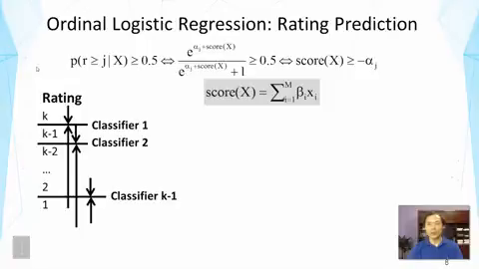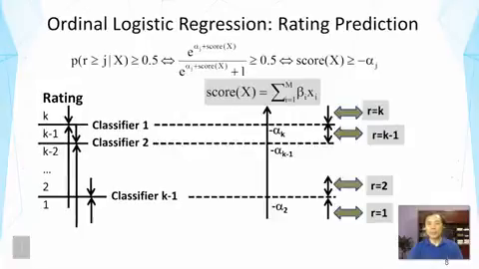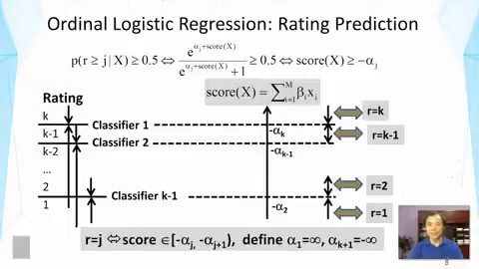The scoring function is just a linear combination of all the features weighted by beta values. So we can simply make a decision of rating by looking at the value of this scoring function and seeing which bracket it falls into. The general decision rule is thus: when the score is in a particular range of alpha values, we assign the corresponding rating to that text object.